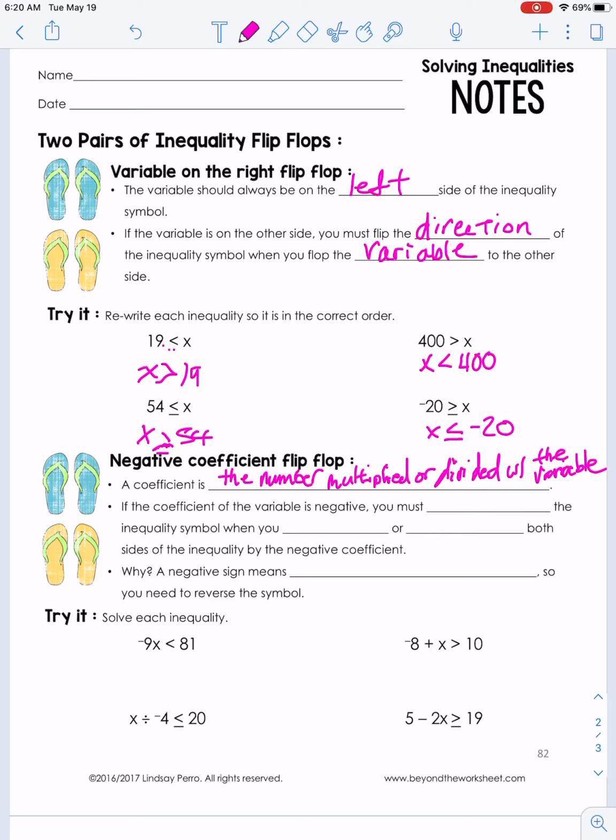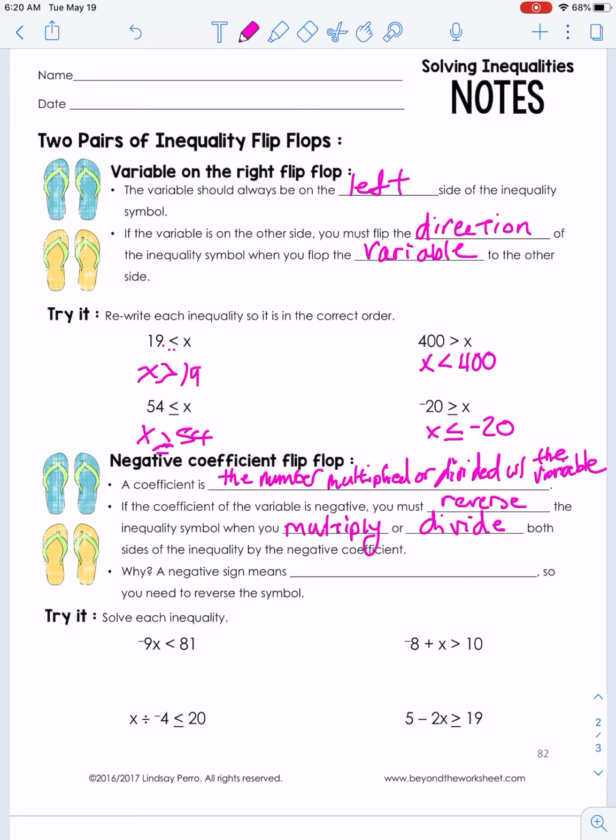So if the coefficient of the variable is negative, you must reverse the inequality symbol when you multiply or divide both sides of the inequality by the negative coefficient.